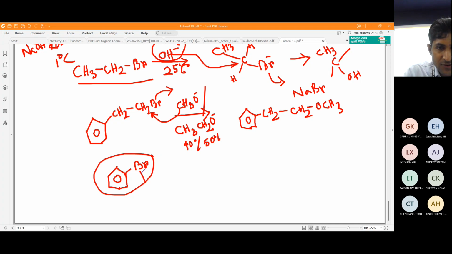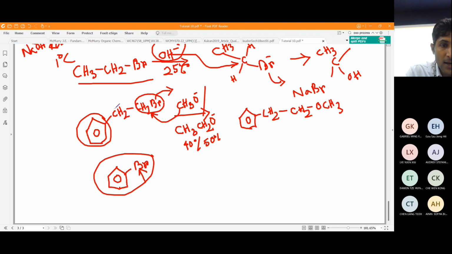Here the bromine is not directly attached to the aromatic ring. There is a chain or branch attached to it, and then this bromine is attached.